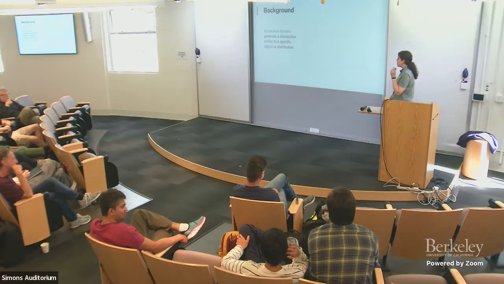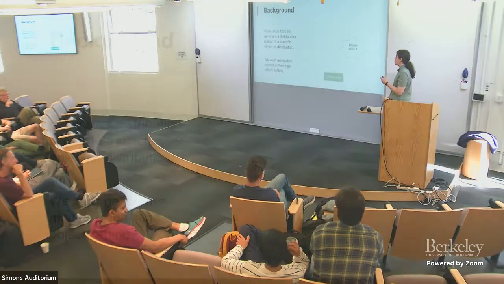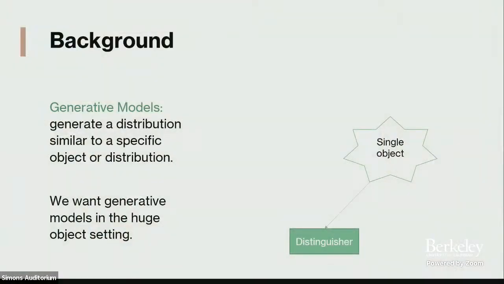At a very high level, if we want to create a model which looks like a specific graph, we assume we have a single huge object and a distinguisher like before, and we want to replace it. In our case, the distinguishers only receive samples from either the huge object or our implementations, like random edges from the graph.